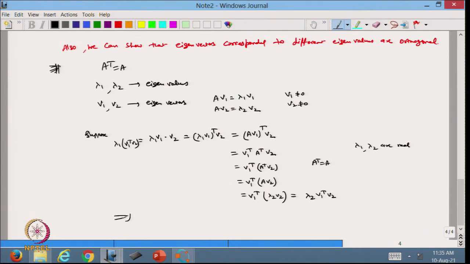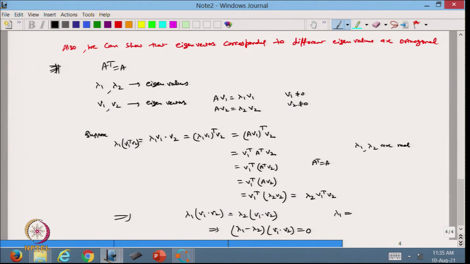So, from here I can write that lambda 1 V1 dot product V2 is equal to lambda 2 V1 dot product V2, which implies that lambda 1 minus lambda 2 times V1 dot product V2 is 0.